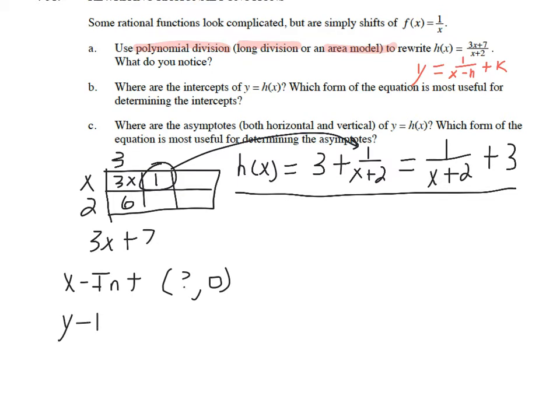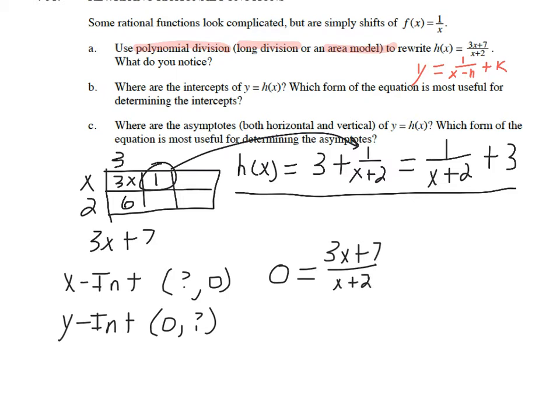My y-intercept occurs when x is 0, and I need to find the corresponding y value. So let's start by plugging 0 in for y. 0 equals 3x plus 7 over x plus 2.